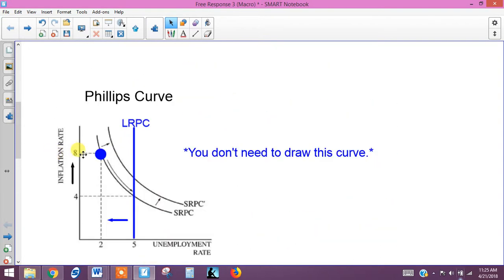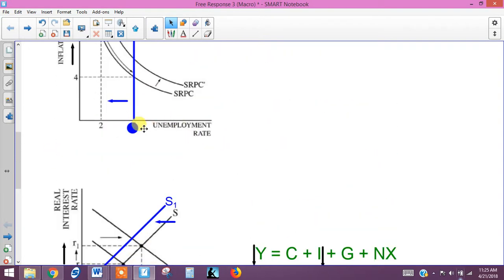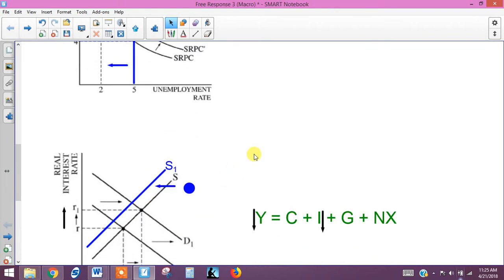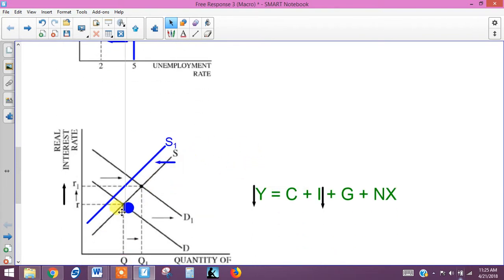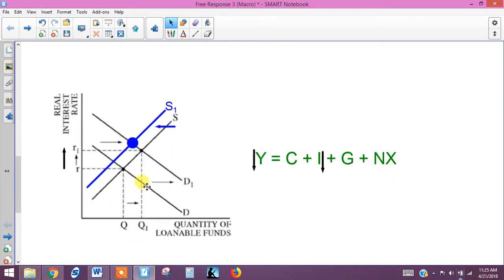Where did he go? Let's use him. So we start off here, and we're going to move here, and we could potentially move up to here, right? So a rightward shift of the money demand or a leftward shift of money supply, both of those shifts would cause an increase in the real interest rate.